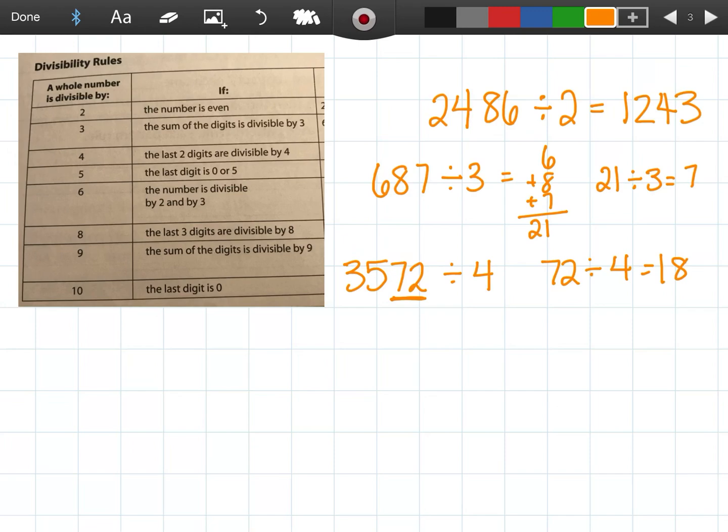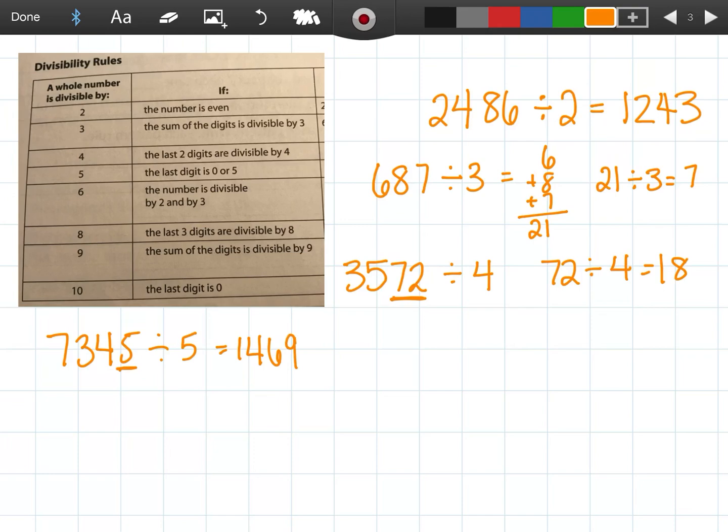For 5, the last digit, as I just showed you in the multiplication pattern, has to be a 5 or a 0. So this number, 7,405, is divisible by 5 because this last digit is a 5. And the answer is actually 1,469. For 6, the number is divisible if it's divisible by 2 and by 3.